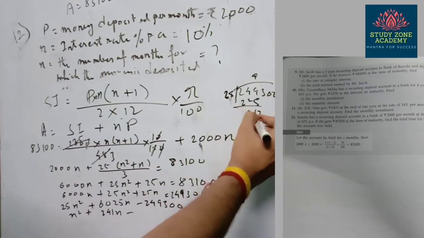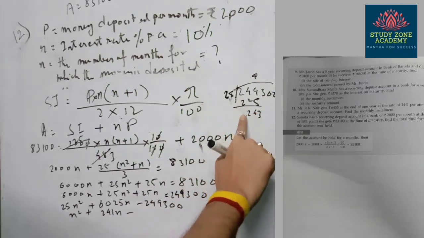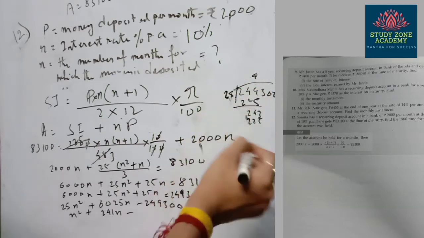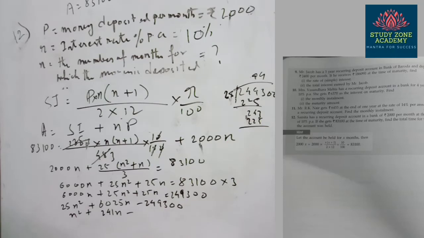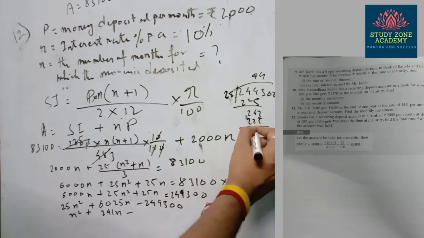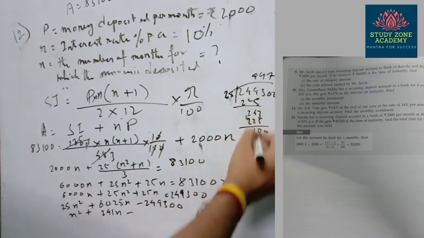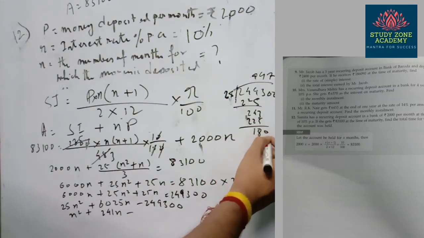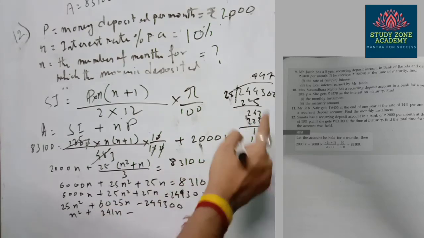Okay, 225 again. 175. Okay, 9972. I guess that's what we are heading towards.